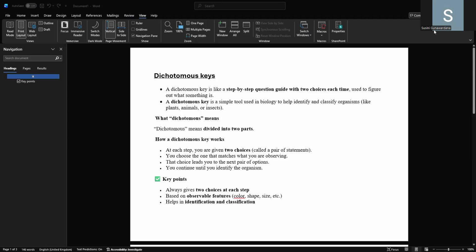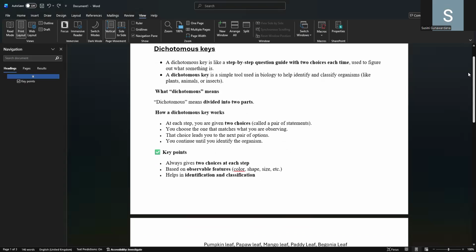It means the color, shape, size, things that can be observed by us. This actually helps in the identification and classification of organisms. So scientists use these dichotomous keys to identify and classify organisms.